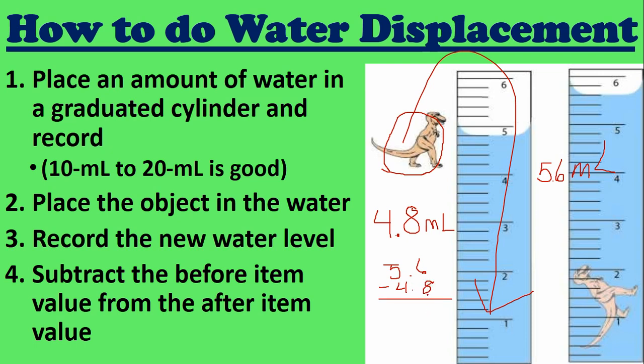That is what we're going to do. Doing it on a calculator, we get 0.8 milliliters. And that is the volume of the toy. And that's how you would do water displacement.